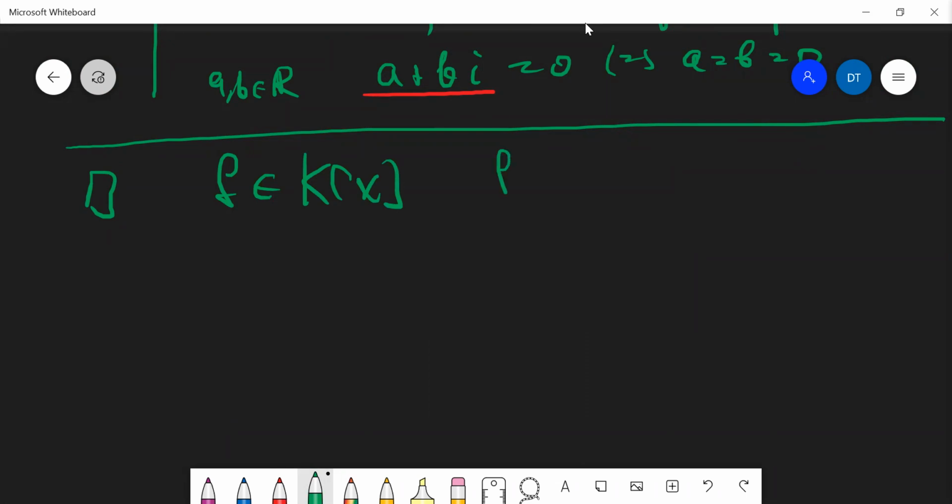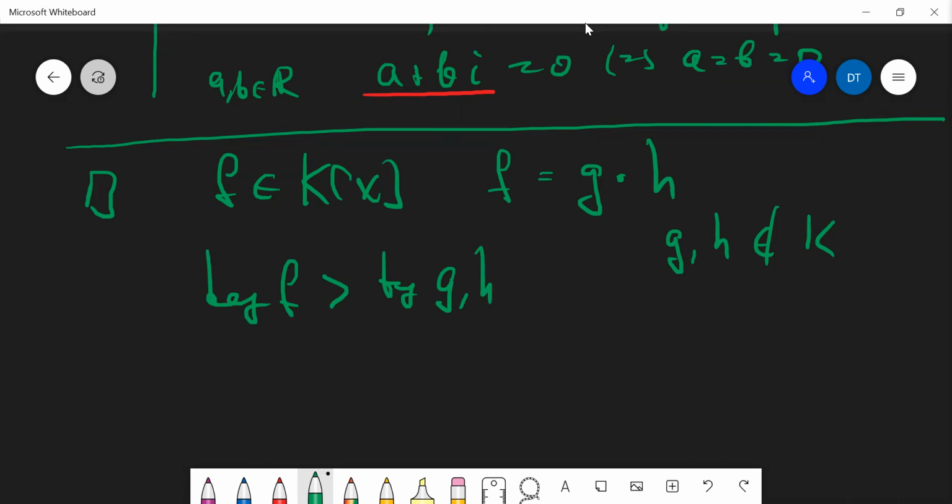If your polynomial is not irreducible, then you can decompose it into a product of two polynomials g and h, which are non-constant. So their degree is strictly smaller than the degree of f, and strictly larger than 0.